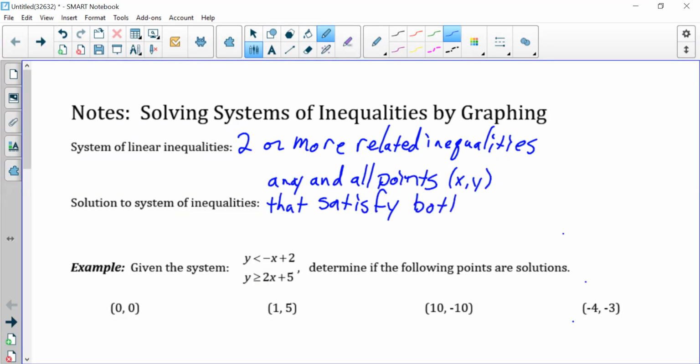And I say both, it could be all three, all four, all five, however many you've got, but they satisfy all the inequalities in the system. For a graph, we're going to be looking at a shaded area as our solution.